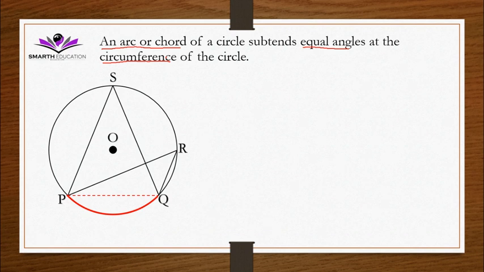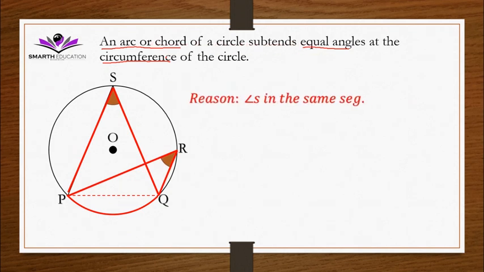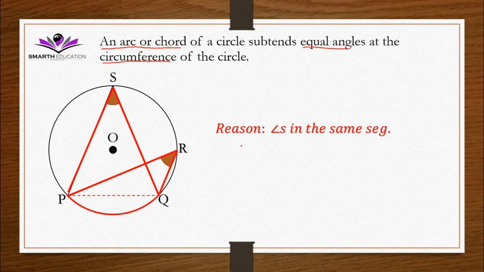These two subtend angle S at the circumference and angle R at the circumference. So angle S is equal to angle R because these are angles in the same segment. You write that as a reason.